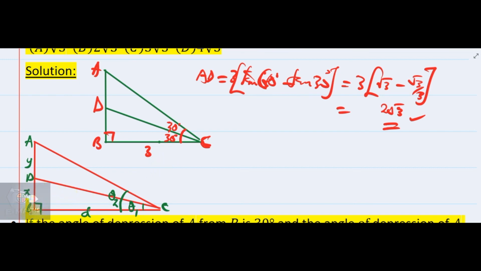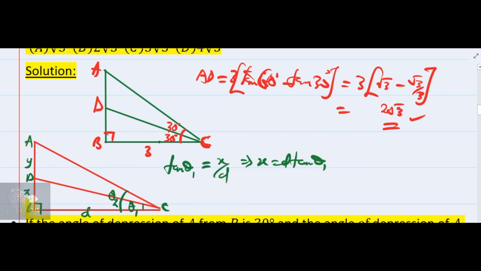In triangle GBC, you notice that tan theta 1 is x over d, which implies that x is d tan theta 1.